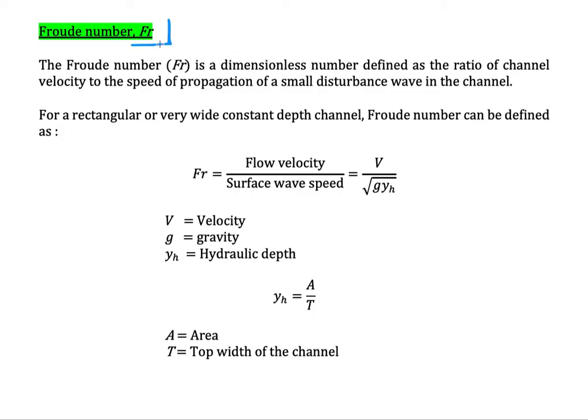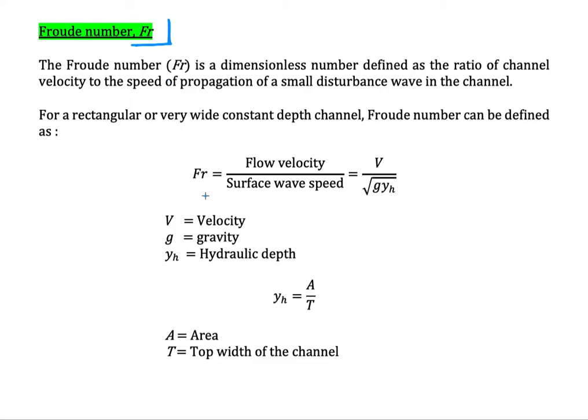If you still remember, in your Fluid Mechanics 1, in dimensionless analysis, a part of your notes is about the calculation of how to get the Froude number from the dimensionless analysis. Okay, so I skip that, because we already learned that in Fluid Mechanics 1.